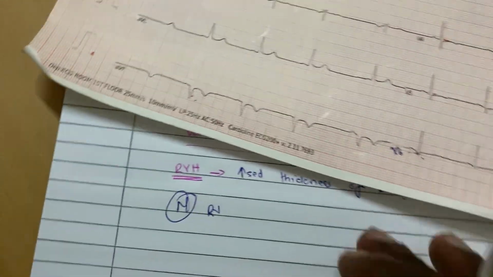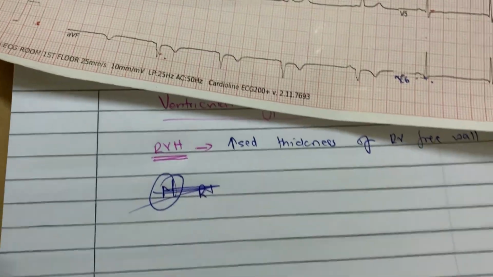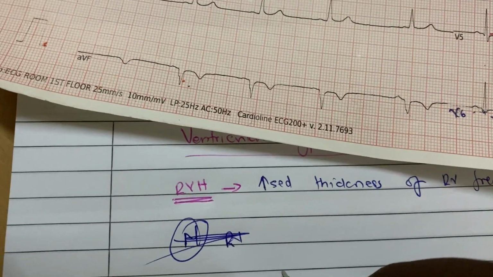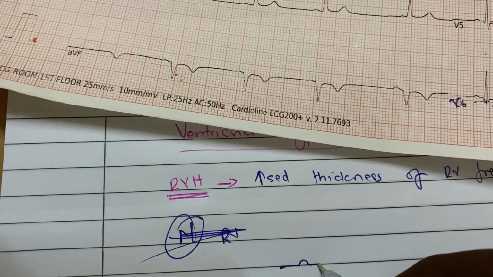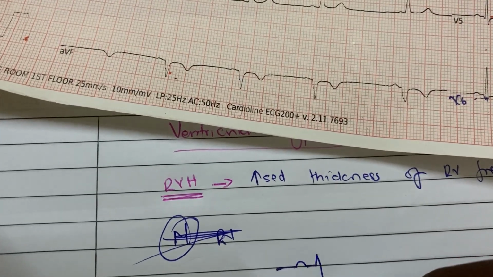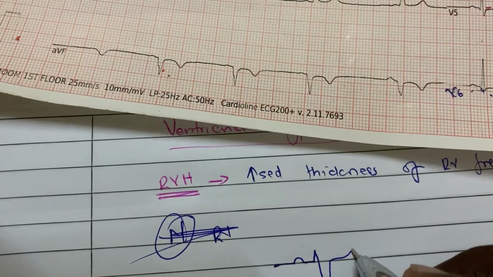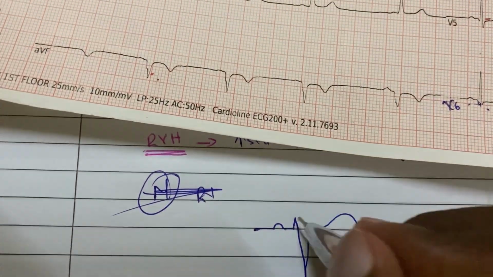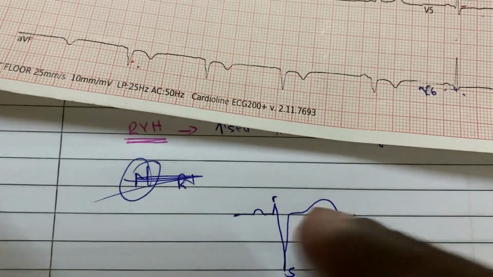So in RVH, the normal small r here will disappear.